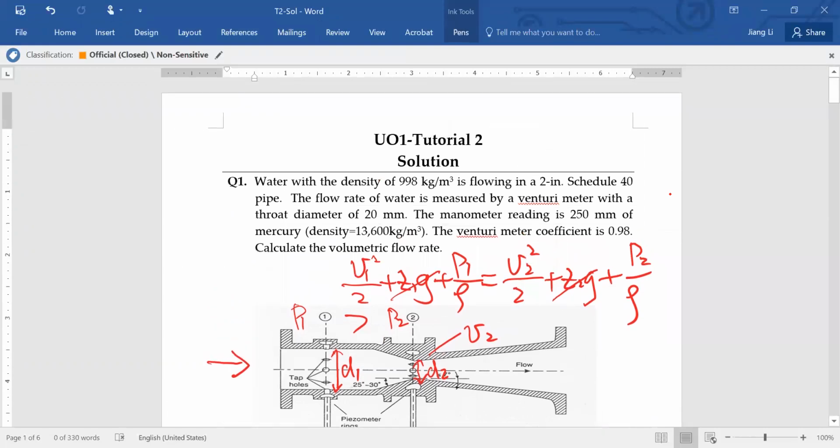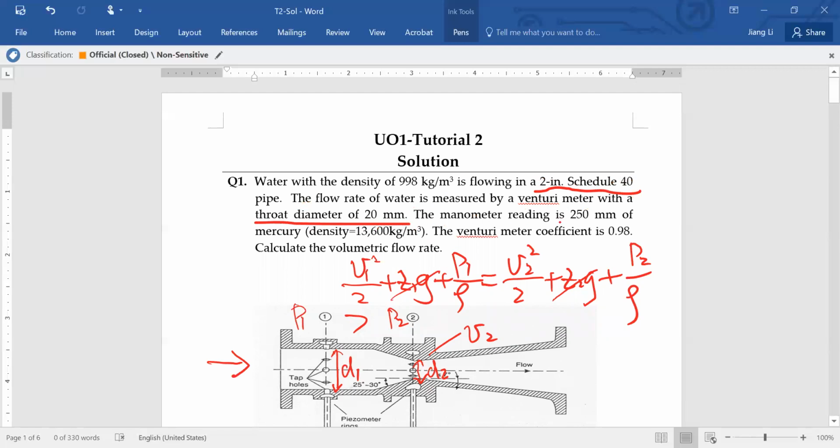So let's come back to the question now. You can see from the question, water is flowing, right? Then you have this 2-inch schedule 40. This means you need to check the pipe table to find the exact inside diameter of the pipe. Then the flow rate of water is measured by a venturi meter. The throat diameter is 20 mm, so this is D2.